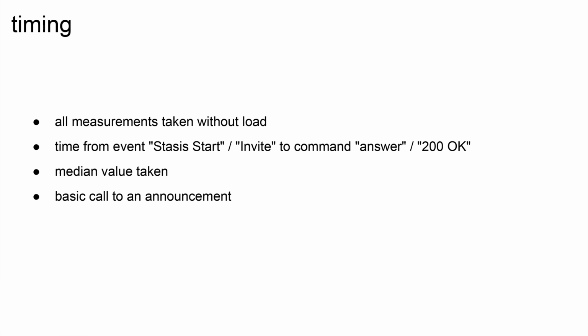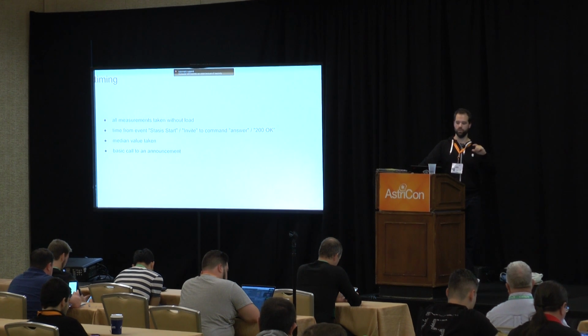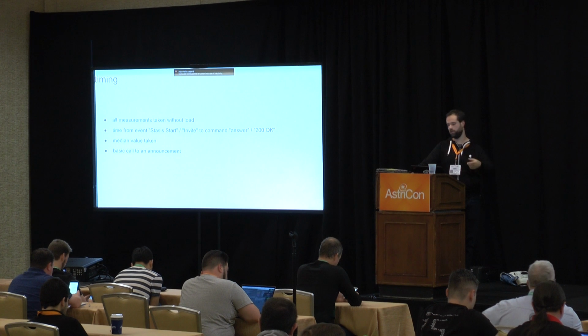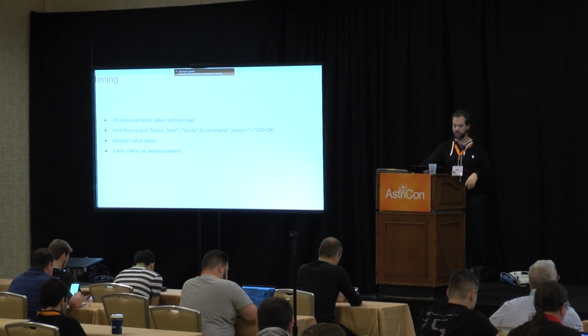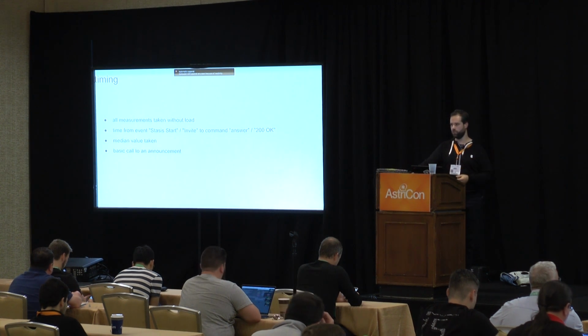We had a silent setup in the production system, but it's brand new, so there is no traffic on there. We always took the time the different components needed from the Stasis start to the answer command, or SIP-wise from the INVITE to the 200 OK. We always took the median of the test run.